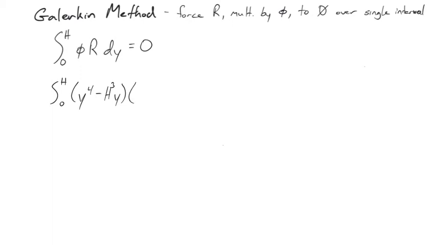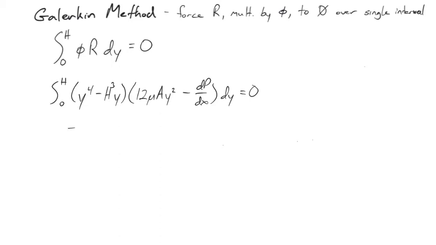Now we substitute in our residual equation, which is our 12 mu times a y squared minus dp dx, and all that we're going to integrate with respect to y equal to 0, for force to be 0. All right, so I've done this already.